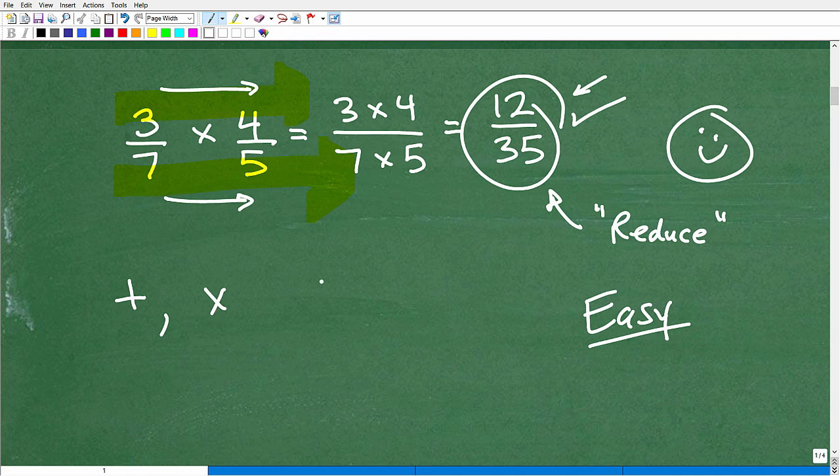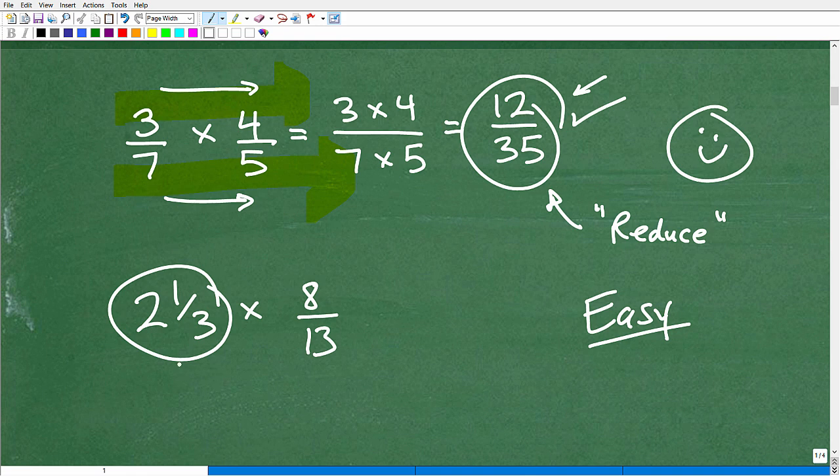Now, again, I'm not dealing with mixed numbers here. Let me just give you an example. If I have 2 1/3 and I'm multiplying by 8 over 13, I haven't done that problem. So here, this is what we call a mixed fraction. I have to change this to an improper fraction, and this would be what? 3 times 2 is 6 plus 1.